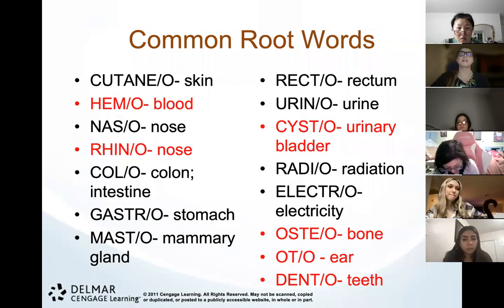So cysto, urinary bladder, centesis, to poke into something and obtain a sample from. Radio, radiation, electro, electricity, osteo, bone. Oto or O can also be ear, and dento being teeth.